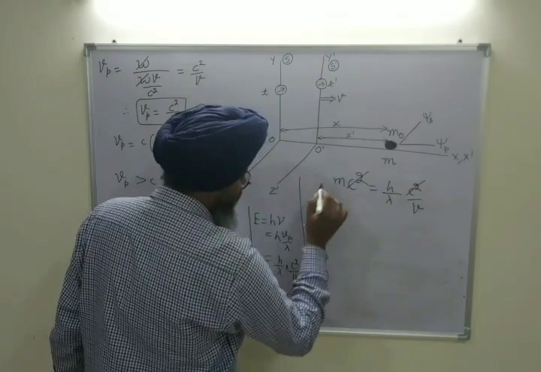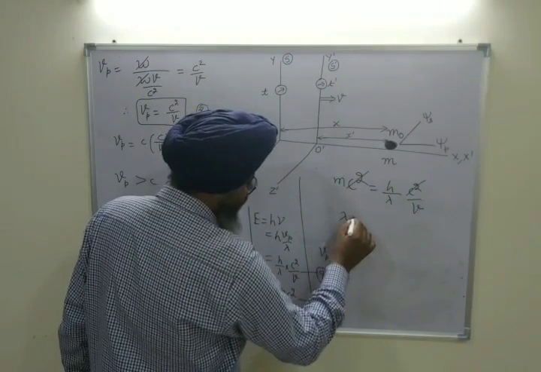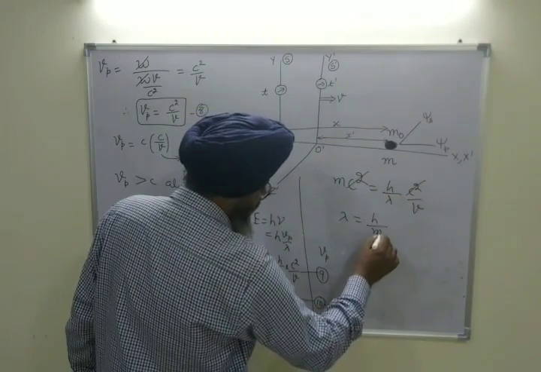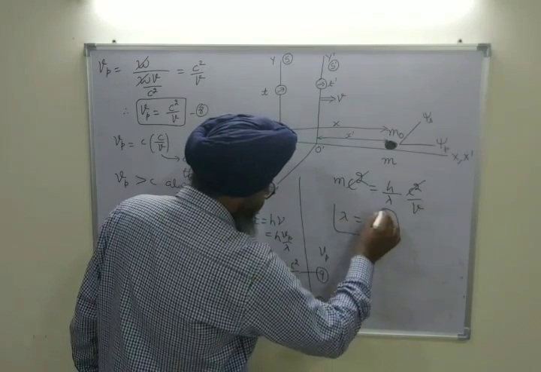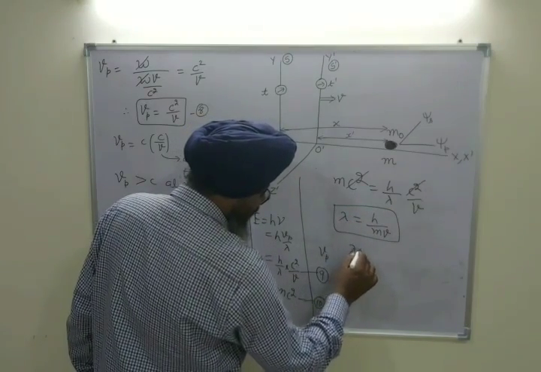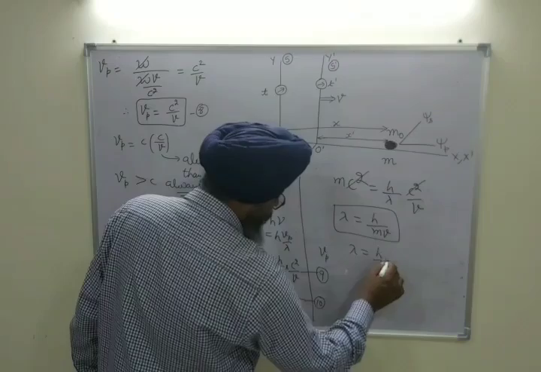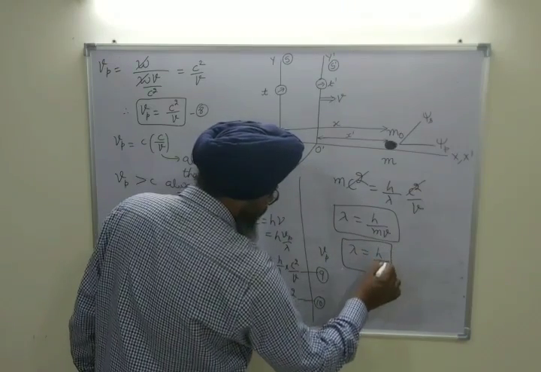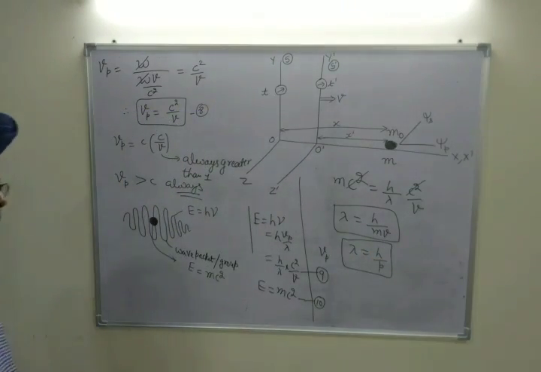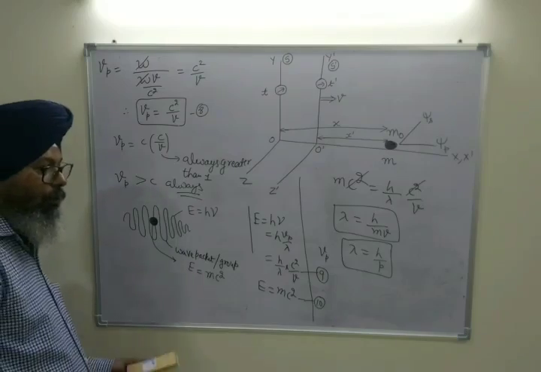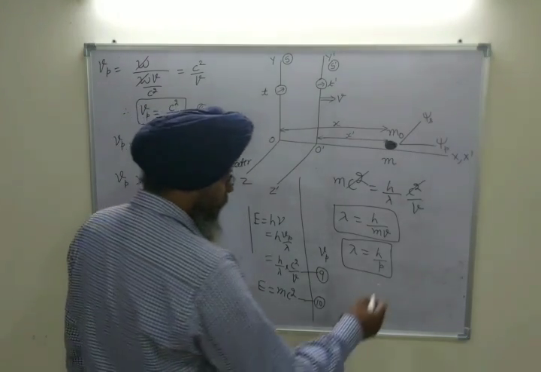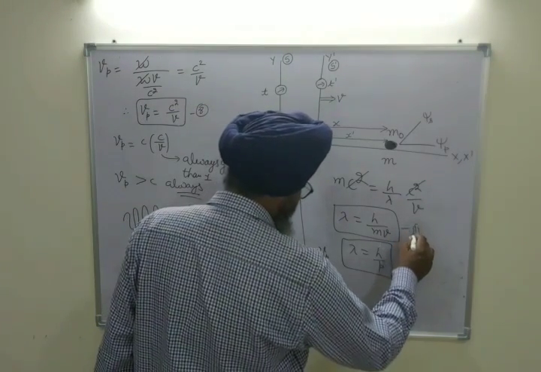C square will cancel with c square, and lambda will be equal to h upon mv, which is my desired result. I can also write it as lambda is equal to h upon p, where p is the magnitude of the linear momentum of the object in the frame S. Now I can write this as equation number 11.